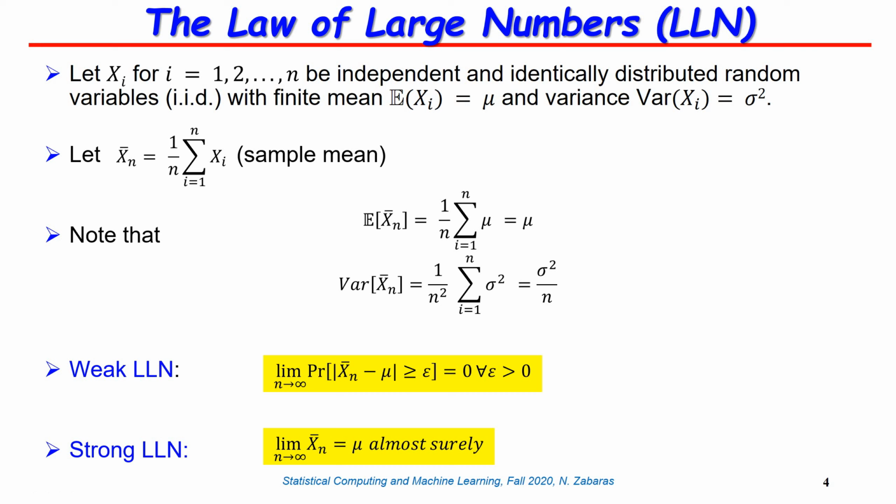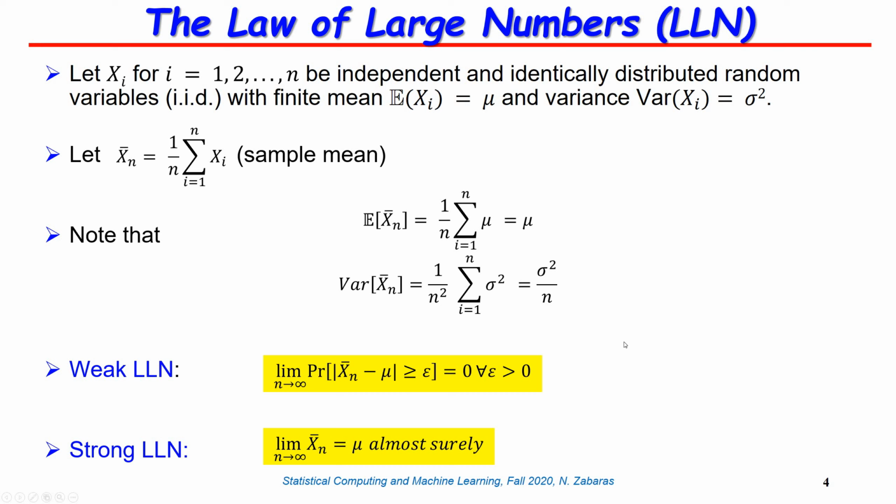So if you want to find an estimate of the mean of a distribution using samples, you can take the sample mean, and as n goes to infinity, either in probability or in the limit that you see with the strong law of large numbers, the sample mean converges to the true mean of the distribution.